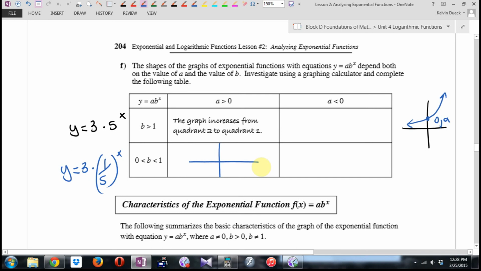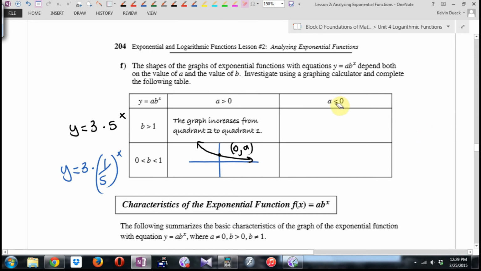It's going to be above. Is it a fractional base or bigger than 1? So it's going to be above, and it's going to be a decay. It's going to look like this. And it's going to go through 0, A. In my particular example, 0, 3. I'm going to erase this just so I have room to write here. You don't need to on yours.